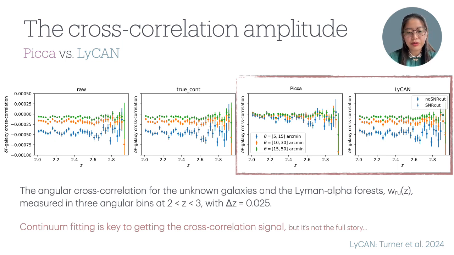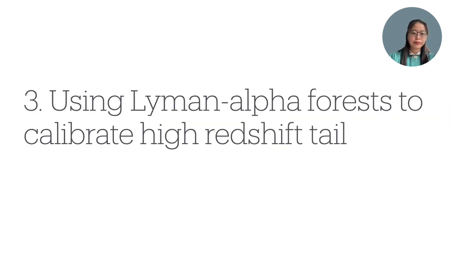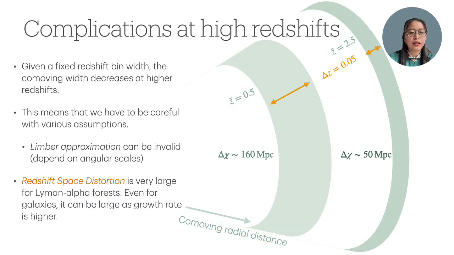But this is not the full story. In order to use the Lyman-alpha forest to calibrate high redshift tails, we really need to understand some complications at high redshifts. These complications arise from the fact that, given a fixed redshift bin width, the comoving width decreases at higher redshift, so your top hat beam becomes thinner.